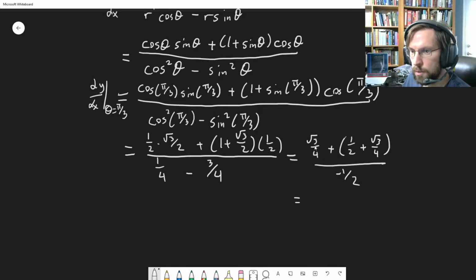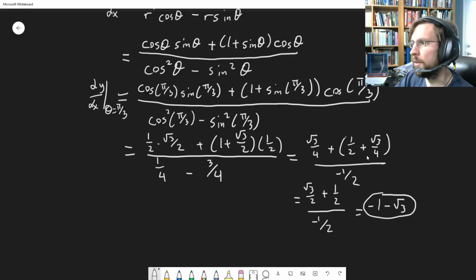So that is 2 root 3 over 4, which is root 3 over 2, plus 1/2, divided by negative 1/2. Everything's divided by a half, so that should be negative 1 minus root 3. That should be our slope.